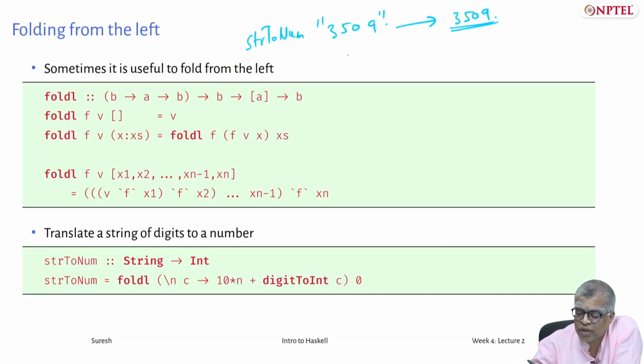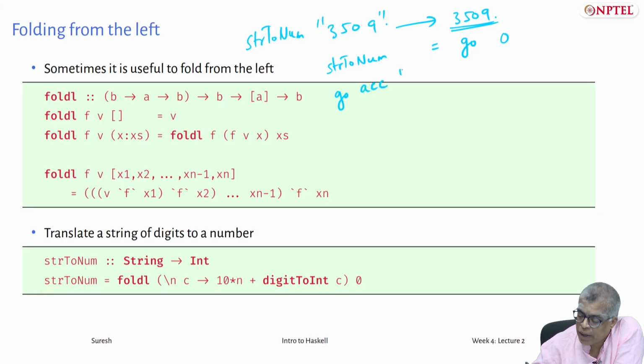And how do I get it to work? I will start with an initial accumulator. So let me write a naive version: string to num of string equals go of 0, let's say go is my sum-into kind of function. Go of an accumulator and an empty string means there is nothing more to combine, so I will just return the accumulator.